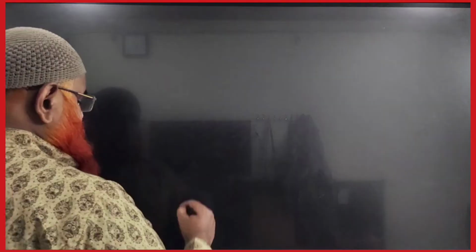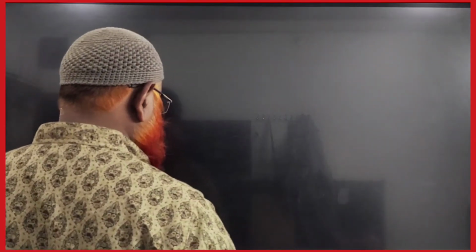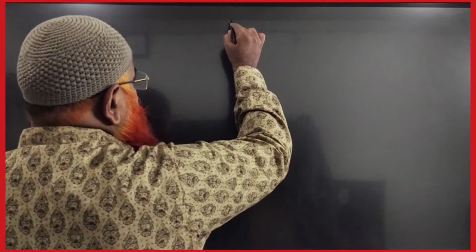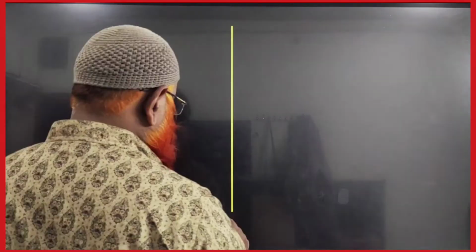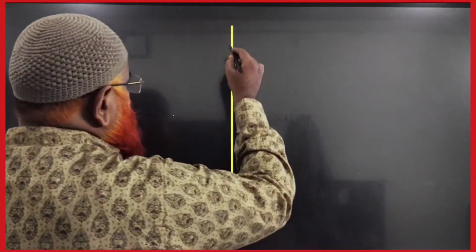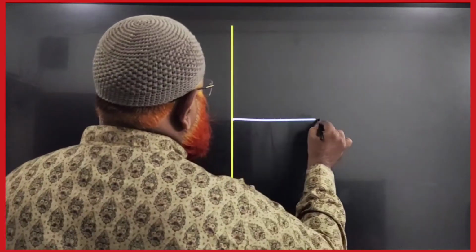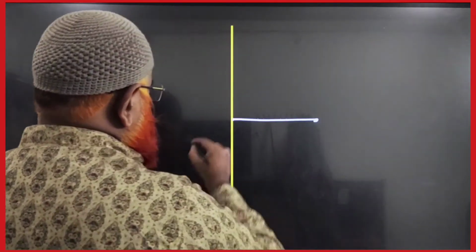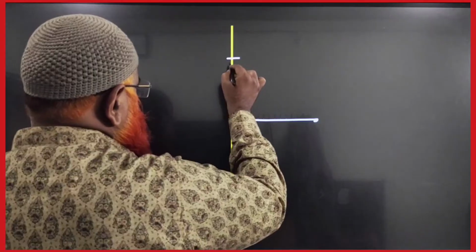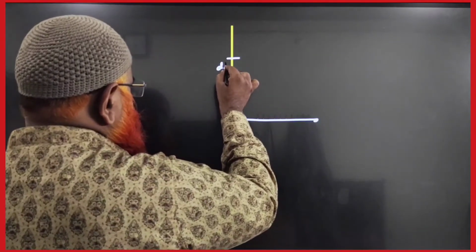What is an application here? For example, you are going to consider an infinitely long wire. Here, at a particular distance, because of the smallest part of the wire, let us take this as dl.